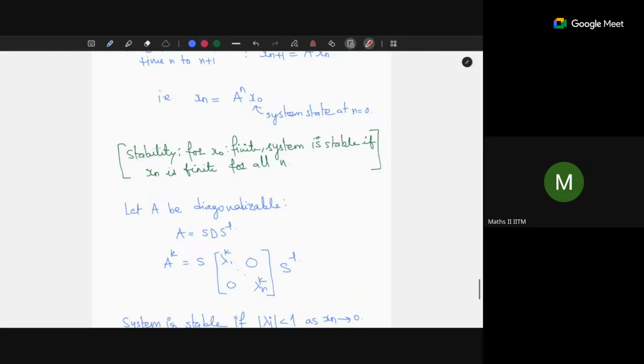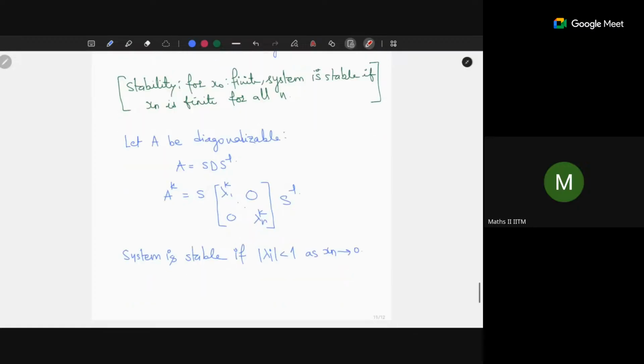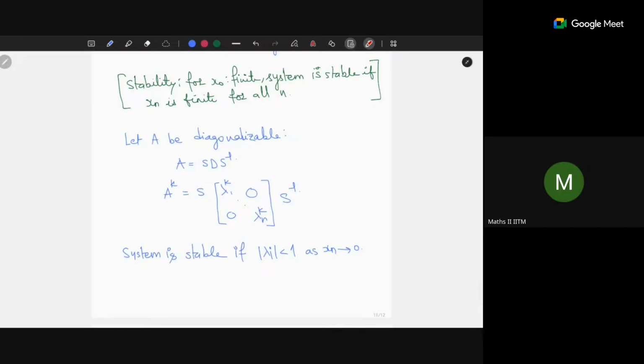So for example, if A is diagonalizable, by a change of basis you can always find a diagonal representation of it, and then you can write down the k-th power, which will be just the diagonal entries raised to the power k. We say that the system is stable if all these diagonal entries are less than 1 in absolute value, so that x_n tends to 0.